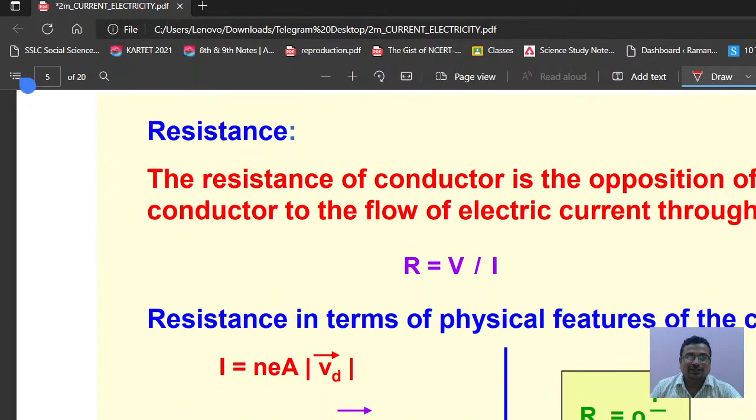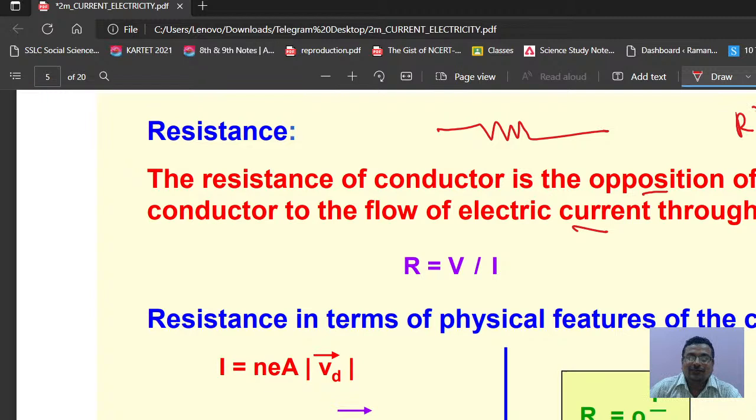Now we are going to discuss resistance. This is the symbol of resistance. Resistance of a conductor is the opposition offered by the conductor to the flow of electric current. So one simple question: if the resistance in a conductor increases, what will happen to the current?